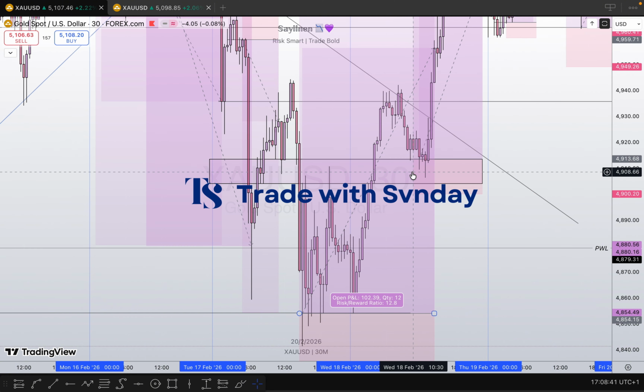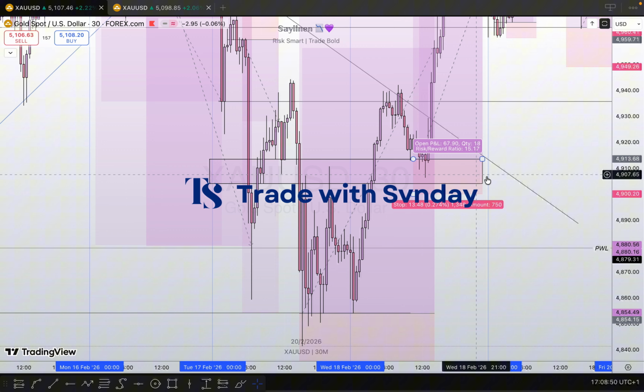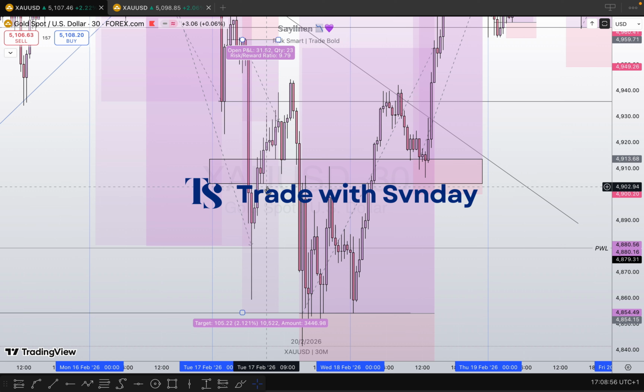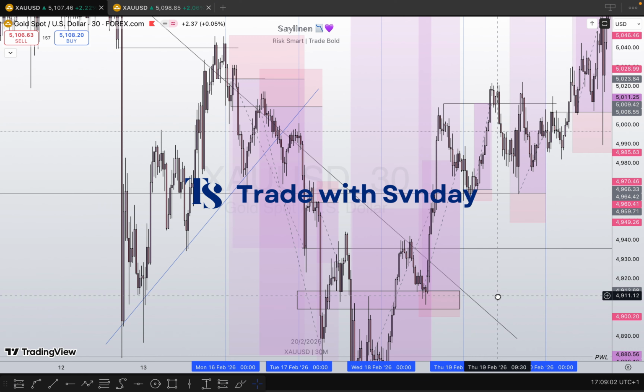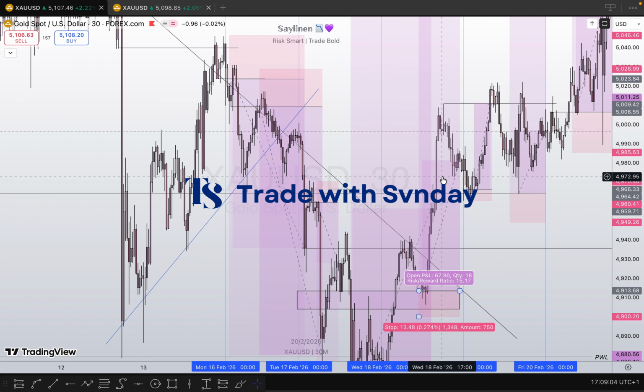You could easily use it because this is a very, very simple example of when resistance is used as support, and you could easily take your entry from the entry point at this level here and keep your stop below the low of this point here. And you can see price used that as a way to break out of this bearish trend line. That was the key behind this breakout of this bearish trend line.